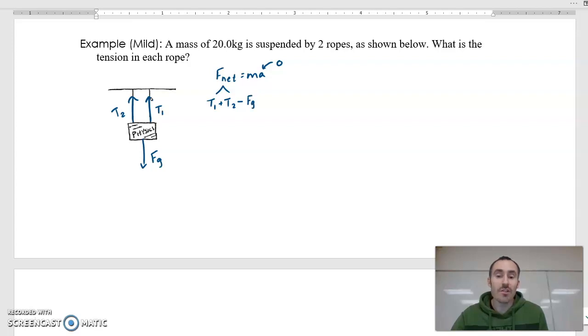So I've put in the direction of the force of gravity right away, and that means that the rest of the problem, when I'm solving it, I'm just working in magnitudes and not directions anymore.